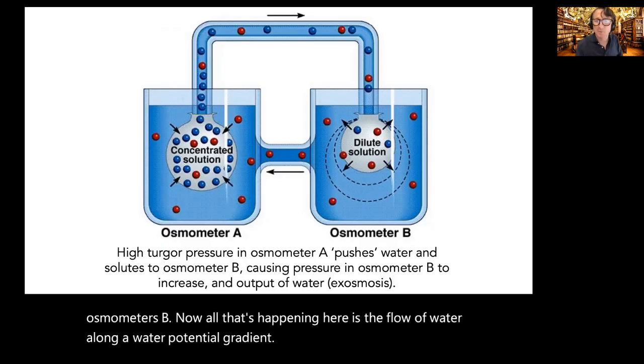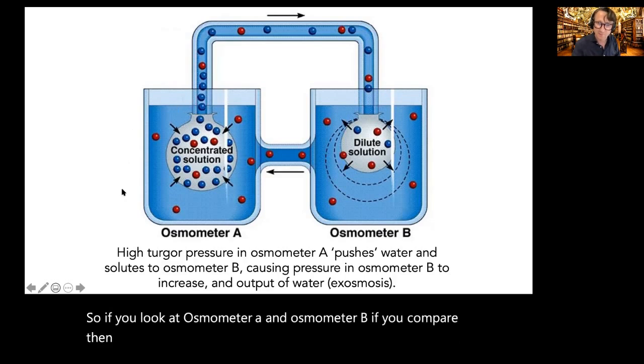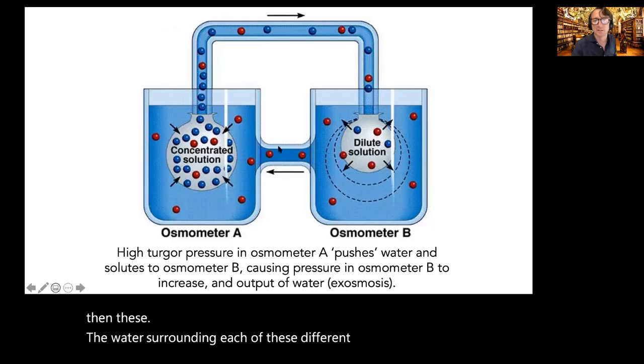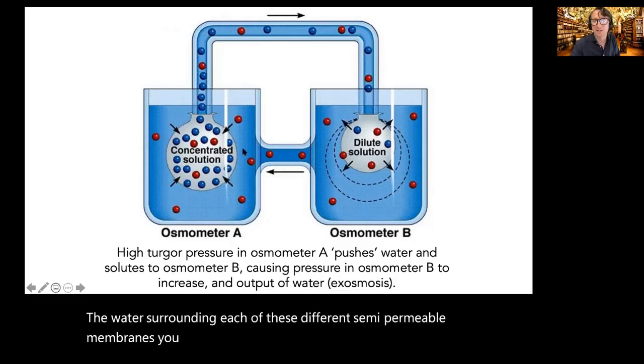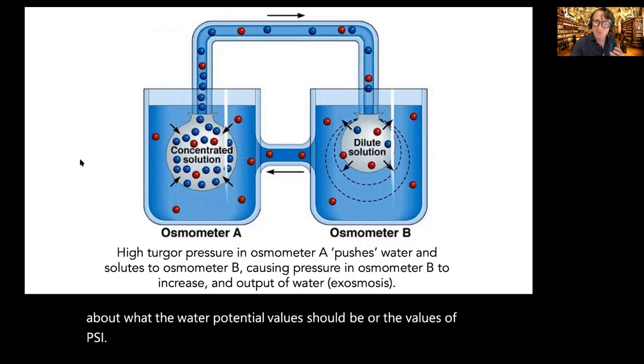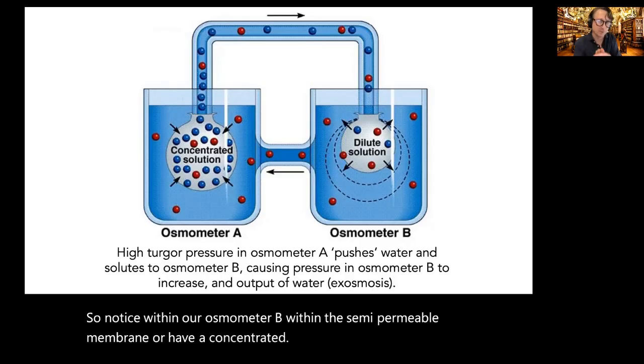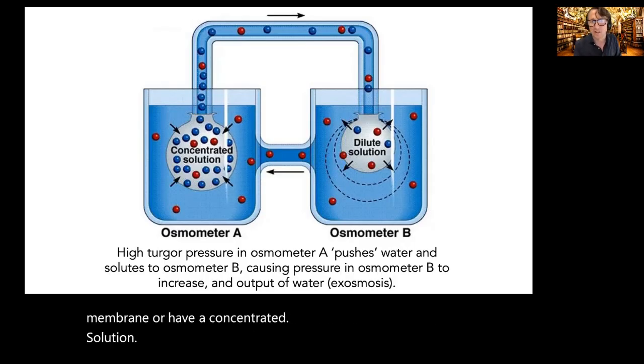So if you look at osmometer A and osmometer B, if you compare the water surrounding each of these different semi-permeable membranes, you should be able to immediately tell something about what the water potential values, or the values of psi, should be. So notice within our osmometer B, within the semi-permeable membrane, we have a concentrated solution, high amounts of solutes.